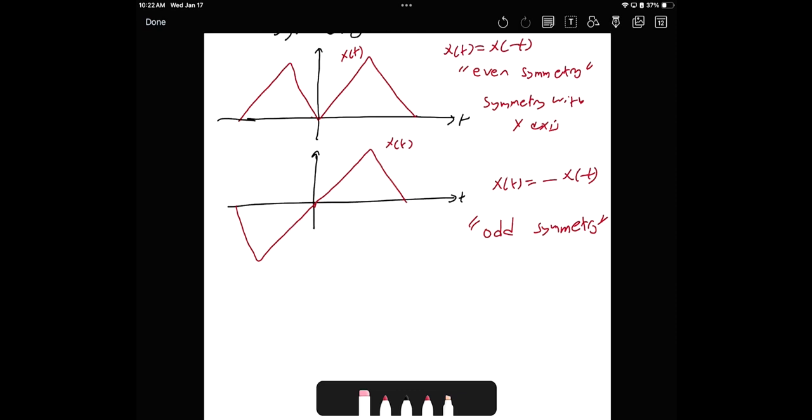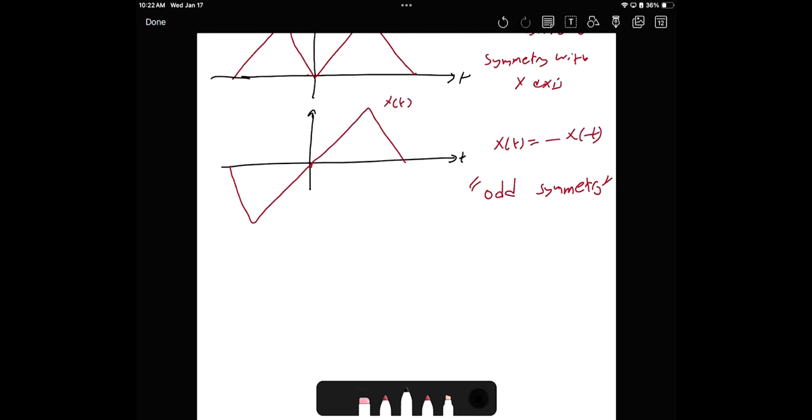Now, I want to give you some examples. Classify whether each of these functions is symmetrical or asymmetric, and if it's symmetric, classify whether it is even or odd. So let's look at f of t equals cosine 2 pi t.